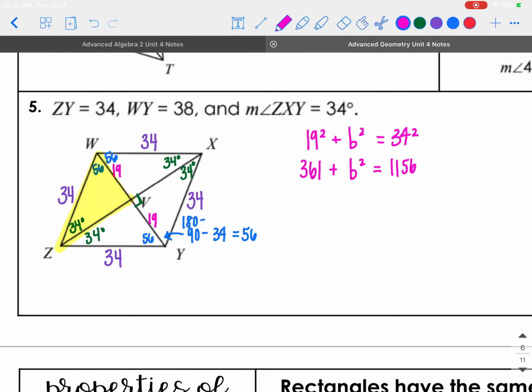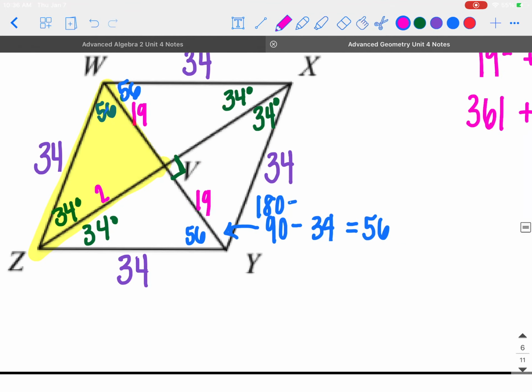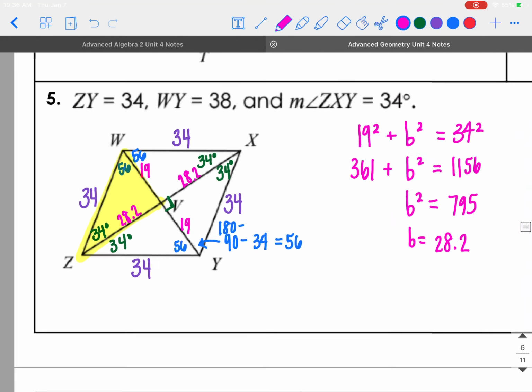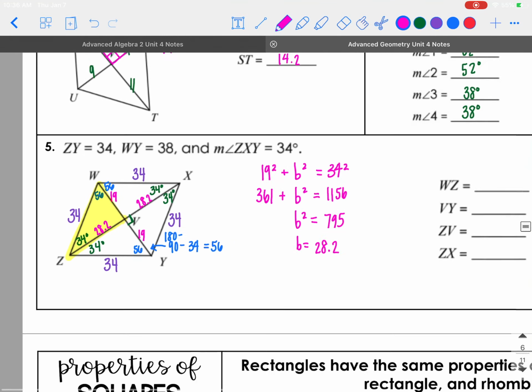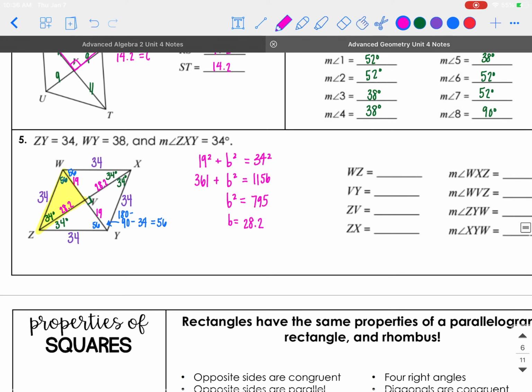If I subtract 361 from both sides, we get b squared equals 795. And then if I take the square root, I get b equals 28.2. So this side is 28.2, and this side is 28.2. And now, hopefully, I have everything I need to answer those questions.